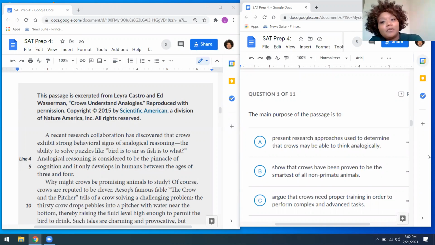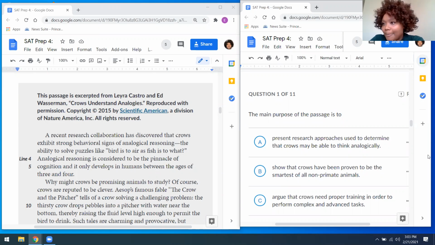Number 1, the main purpose of the passage is to... For the newcomers, I didn't give you an intro to the reading section, because sometimes I feel it's a little redundant, but it's not redundant since you were not here. When you're reading each passage, you want to keep in mind the main idea, the overarching idea, meaning the main point of what the author is trying to communicate.